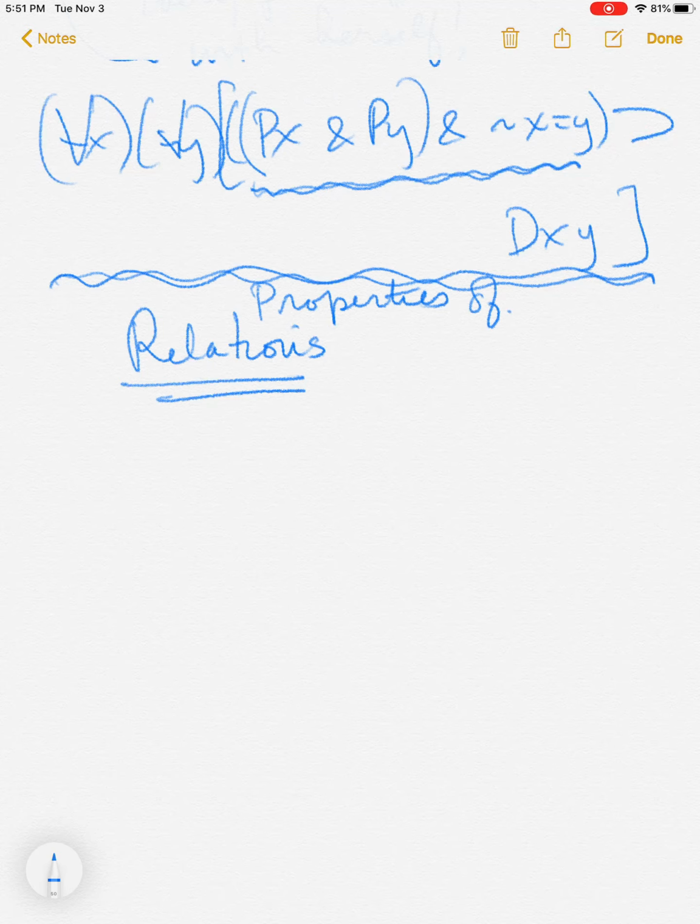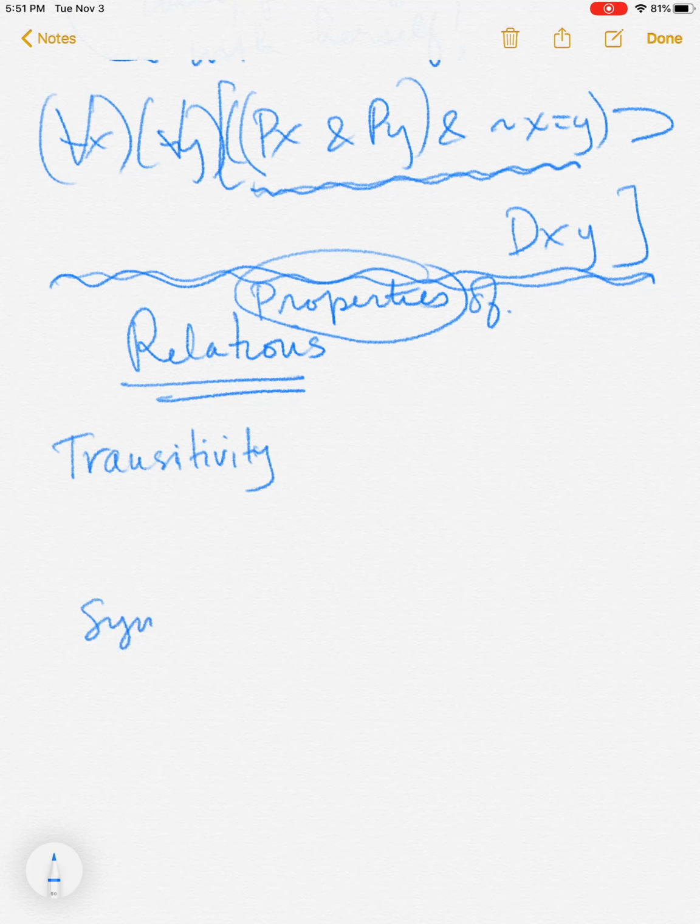And there are three properties of relations. One's called transitivity, one's called symmetry, and one's called reflexivity. I think you've encountered these notions somewhere in math in high school. And I just wanted to talk about these before I end this lecture. So what does it mean to say that a relation is transitive?